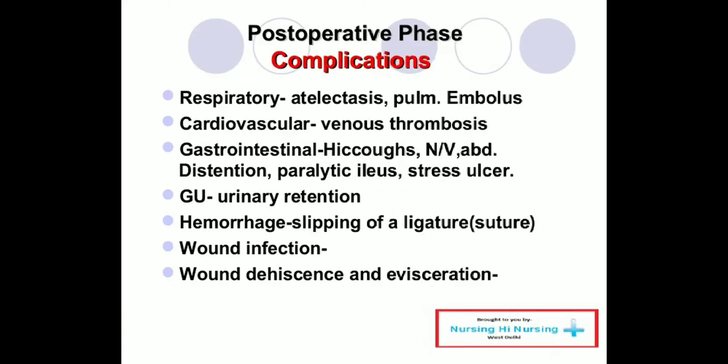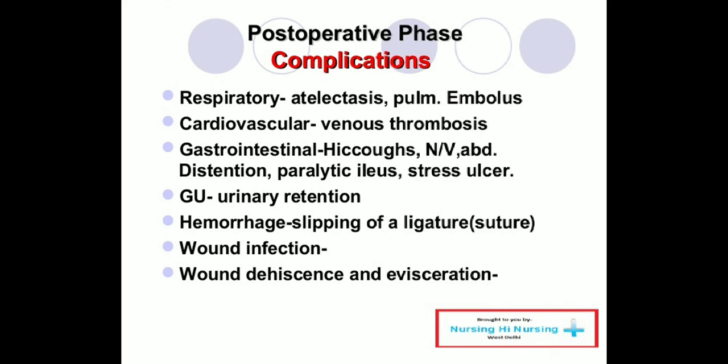So these are some complications of the post-operative phase. In the respiratory system, there can be atelectasis. Atelectasis means collapse of the alveoli. Then there can be formation of embolus, and air embolism can occur. In the cardiovascular system, it can lead to venous thrombosis.